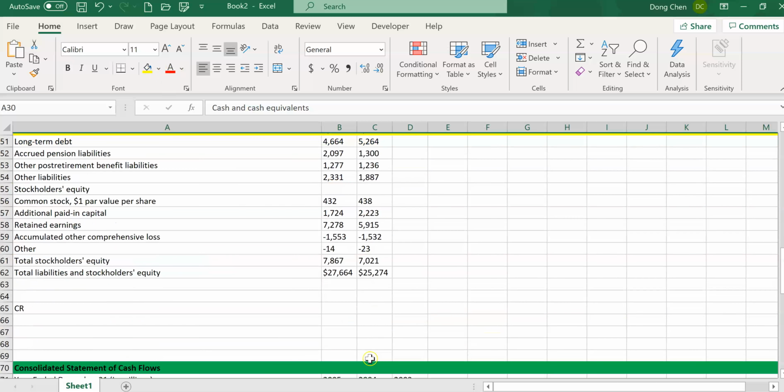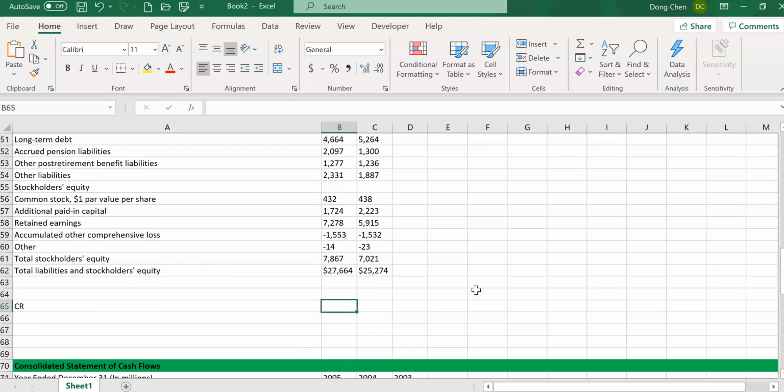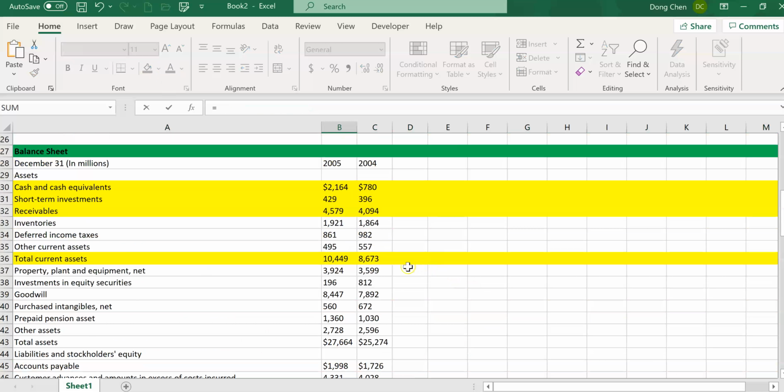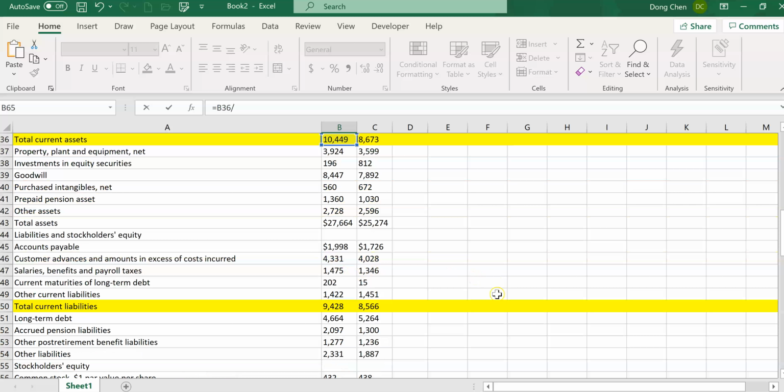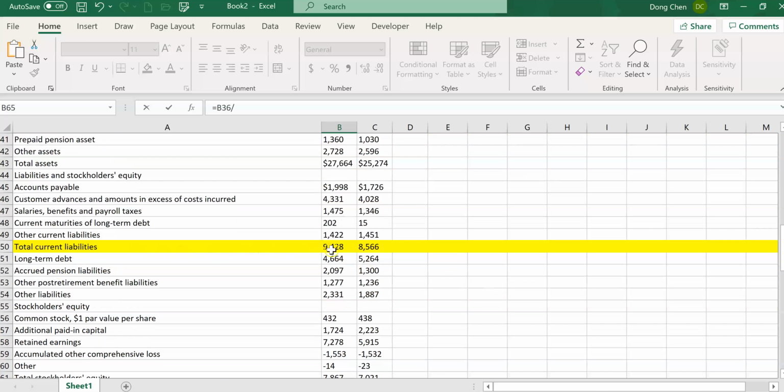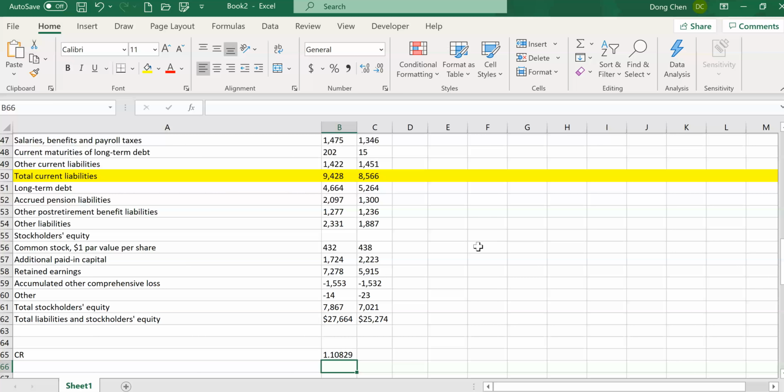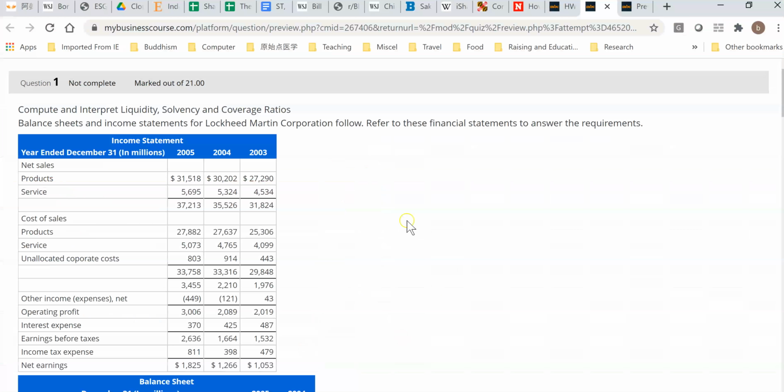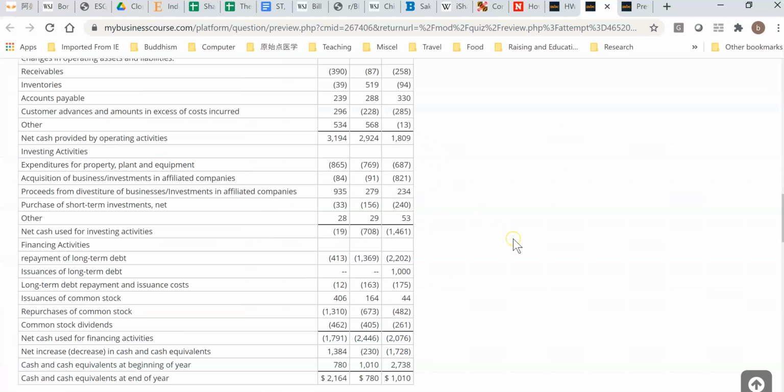So let's start from current assets, current ratio. So this is current assets, which is right here, 10,449 divided by current liabilities, 9,428. And then pay attention to the rounding requirement.